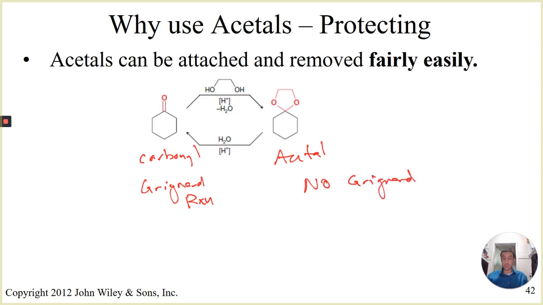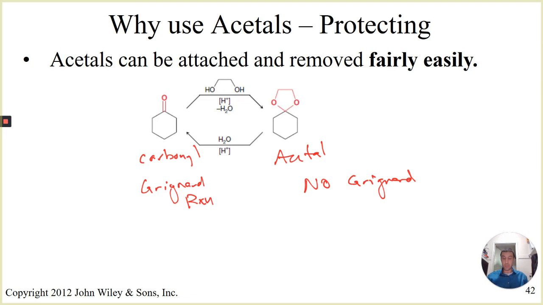Right? So if I had a particular structure where I wanted a Grignard to react at one site but not another, I could go on and put a protecting group on the carbonyl as an acetal to prevent chemistry happening there. I'm not talking a whole lot about it.